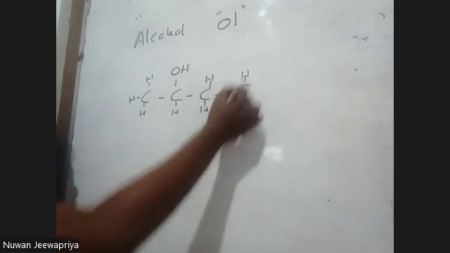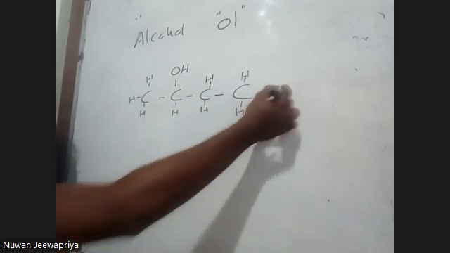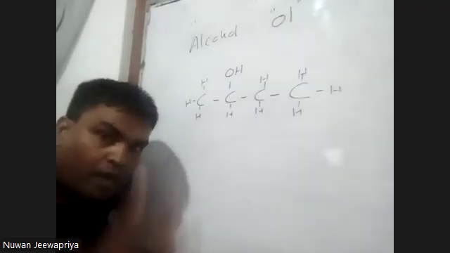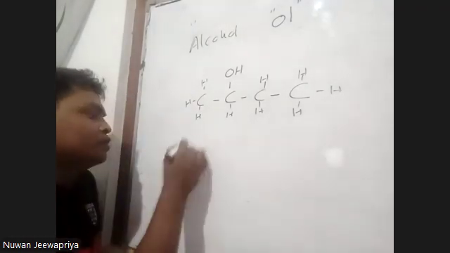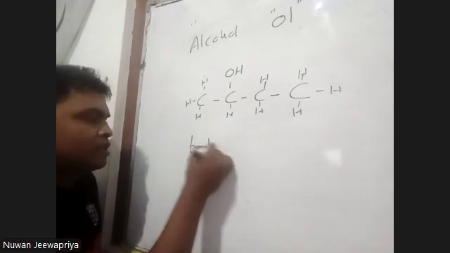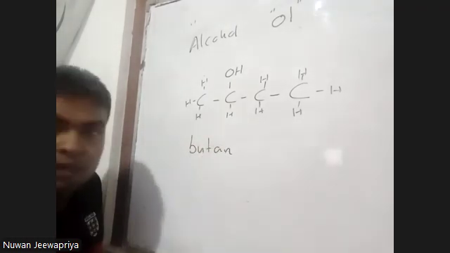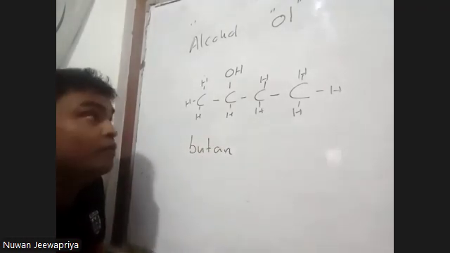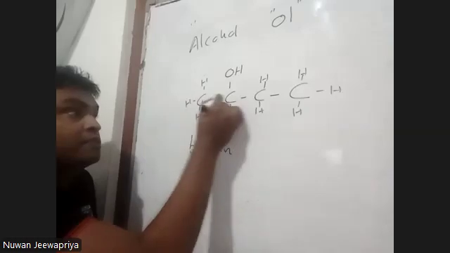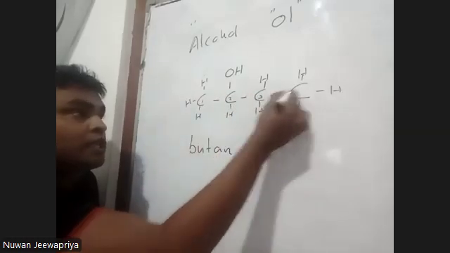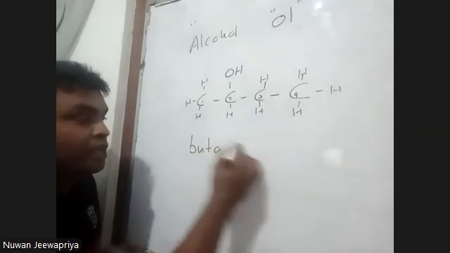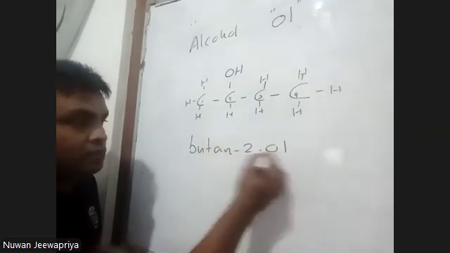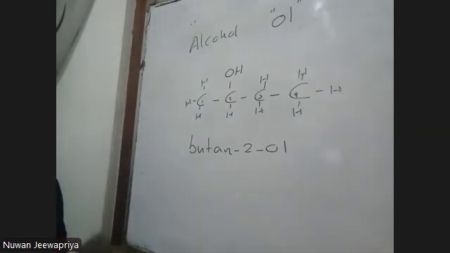It will be this way. You can see four carbon there. Four carbon is called but, so we call butan. Where is the OH? Second carbon. See? 2, 3, 4. Second carbon has OH. How do we say that? Butan-2-ol. We say butan-2-ol.